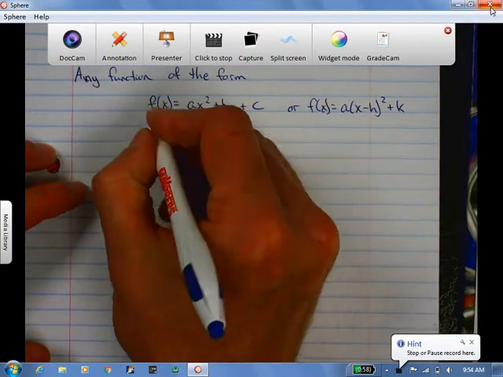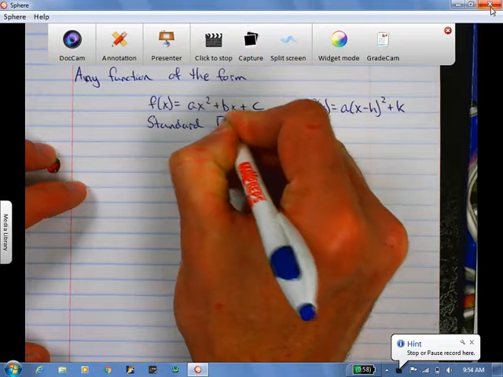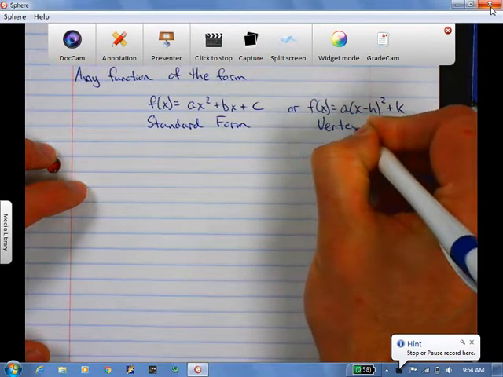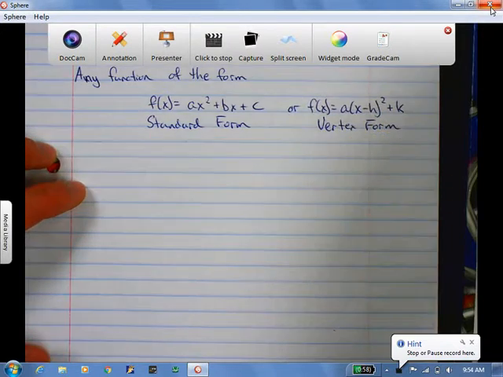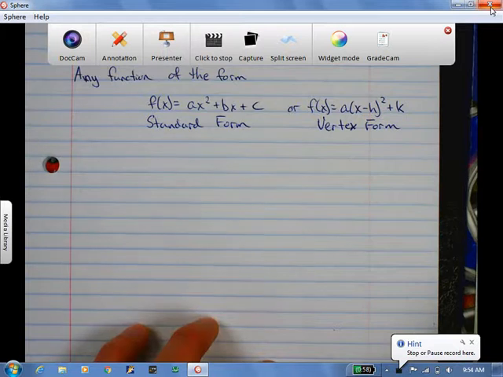This first one is written in what they call standard form. The second one is written in vertex form. Okay, so first one standard form, second one vertex form.